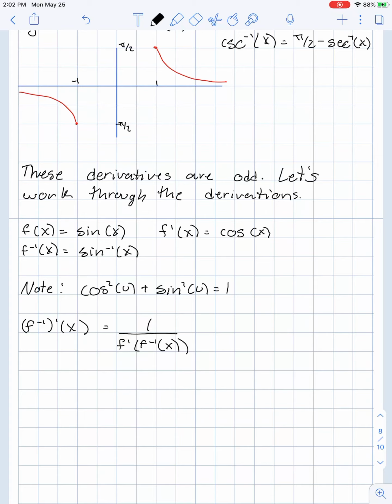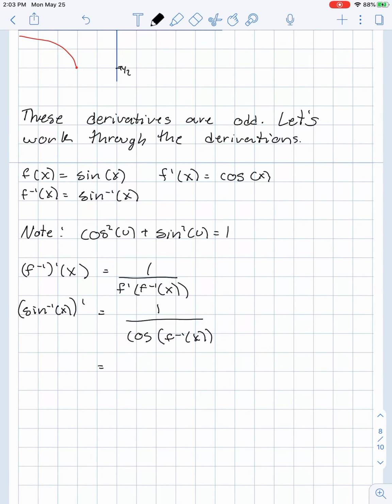So that means that sine inverse of x prime will equal 1 over, f prime of x is cosine, so it's going to be cosine of f inverse of x. So it's going to be cosine of sine inverse of x.